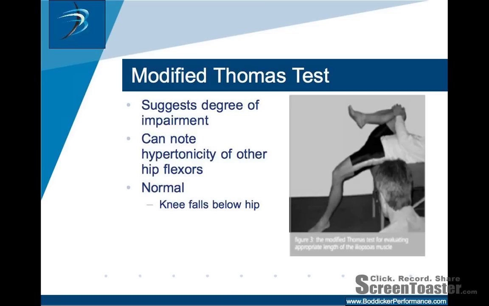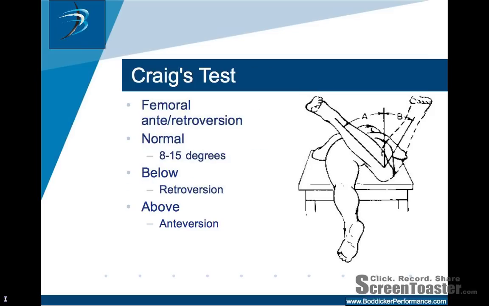So if the knee is almost straight, you can say, well, the rectus femoris is probably pretty toned here. If the knee doesn't fall below the hip, let's say the psoas, maybe a combination of all of them. If there's an internal rotation component going on, maybe the TFL has too much activity. All kinds of different stuff you can look at there if you know your functional anatomy.